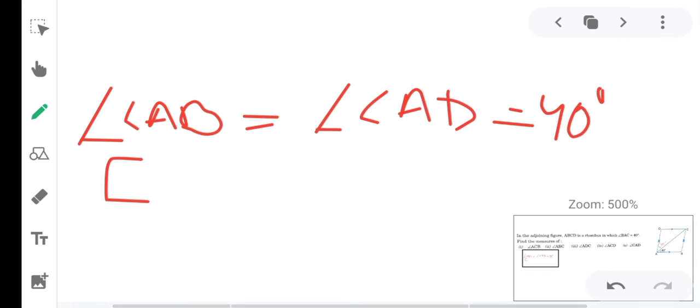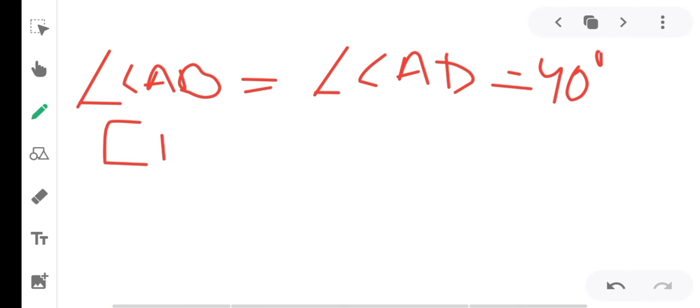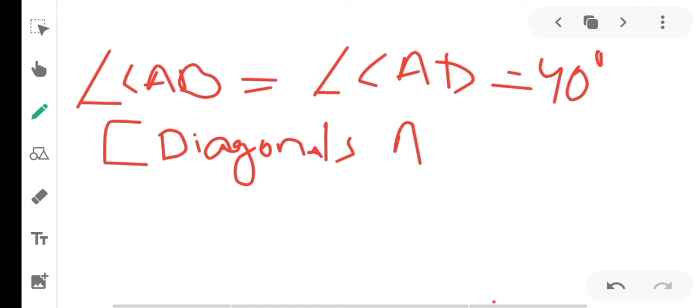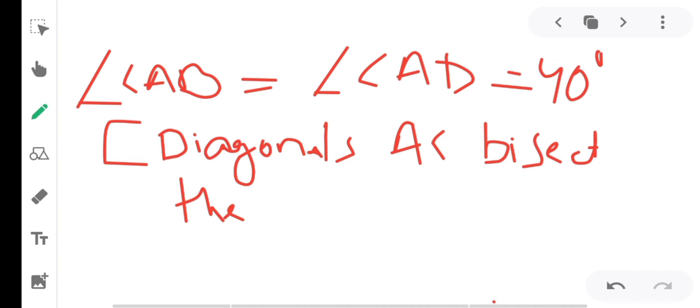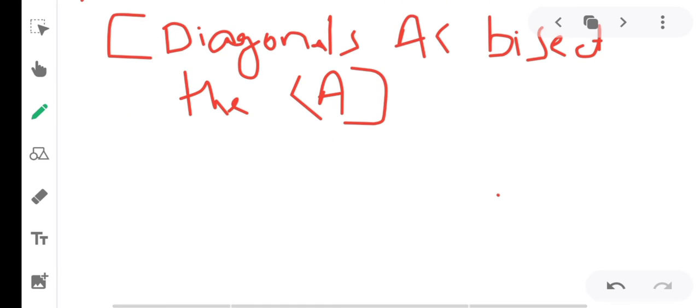Write down that diagonal AC bisects the angle A. So angle A equals 80 degrees. Clear?